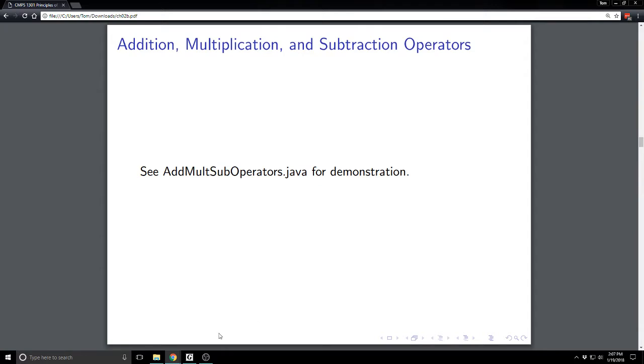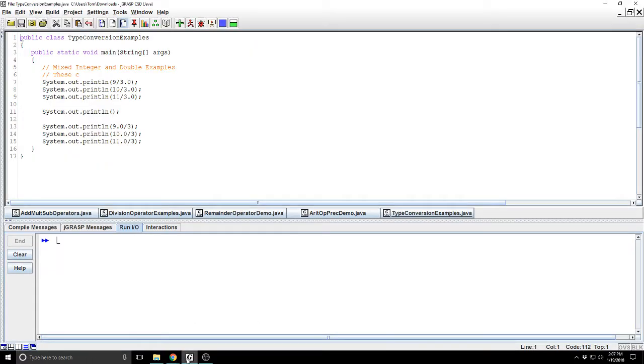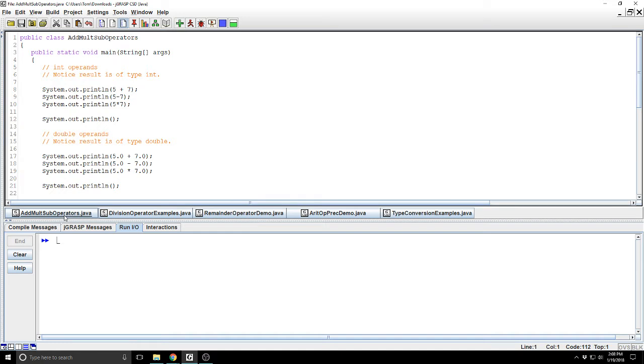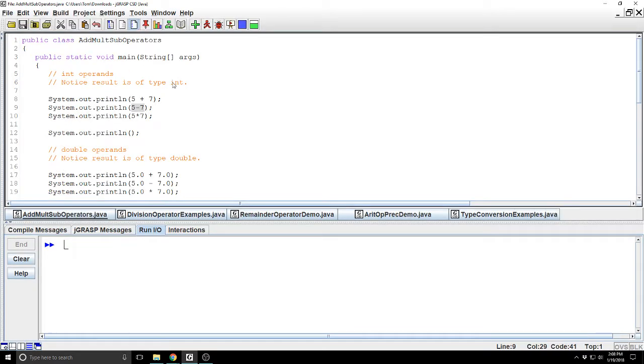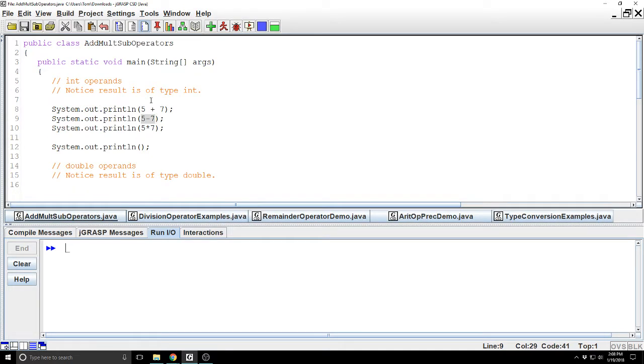So let's take a look at the example that I have here. I've got some statements here, some operations or computations that I want to make, and I've just encased those in System.out.println commands. So it's going to perform that computation and then display the results.